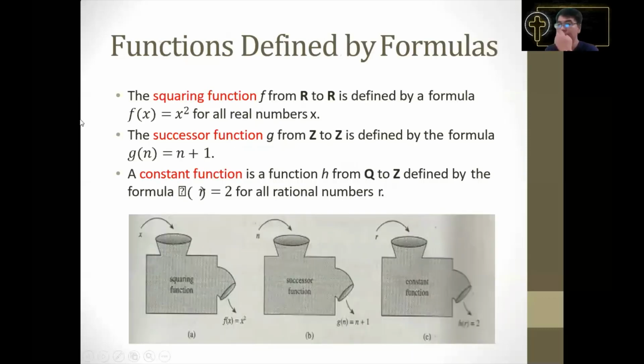For instance, the squaring function f from R to R is defined by the formula f of x is equal to x squared for all real numbers x, which means that every time I input a real value x in this squaring function, I get f of x, a value for y, which is the square of everything I put in.